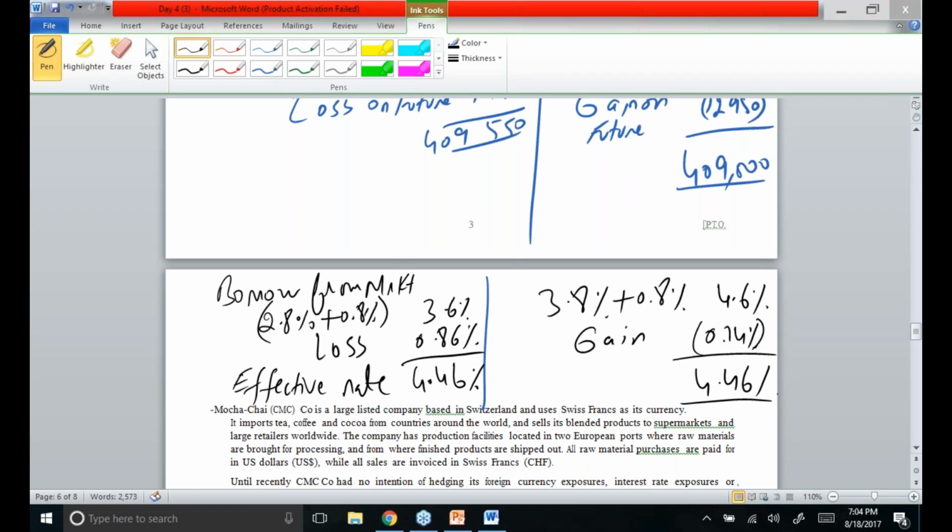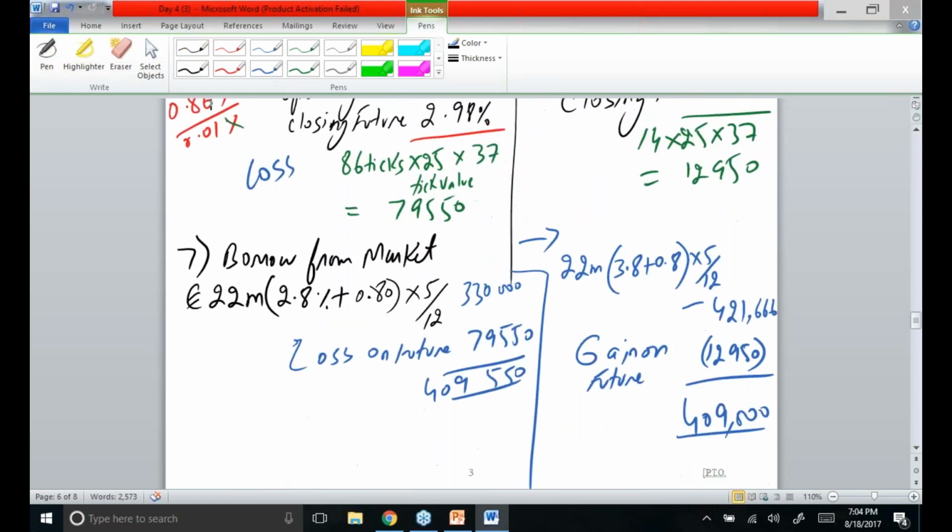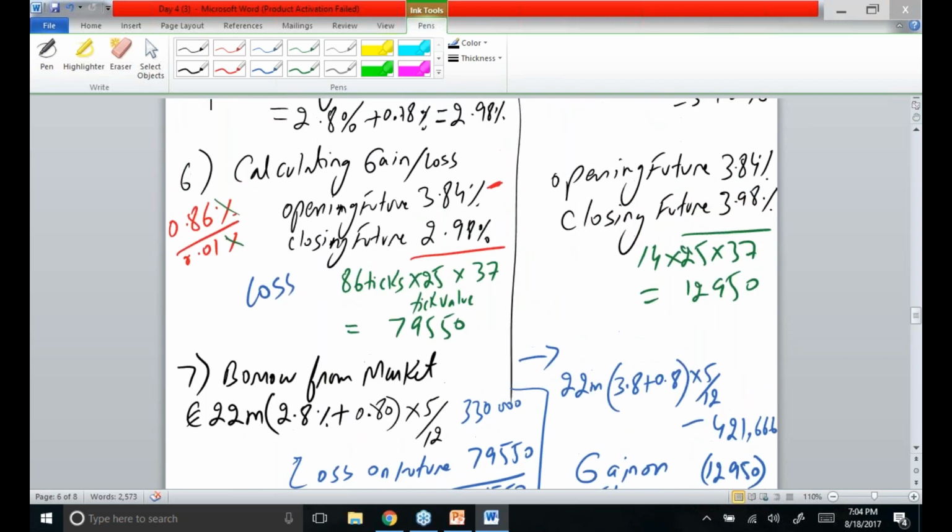Okay, there are a couple of questions from the tech area. Okay, whenever you compare opening future with a closing future, like in this case, the difference was 0.86%.